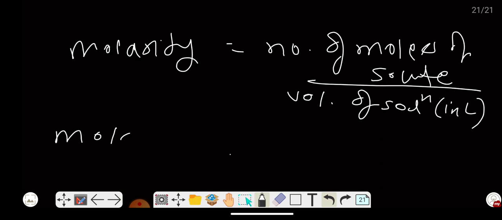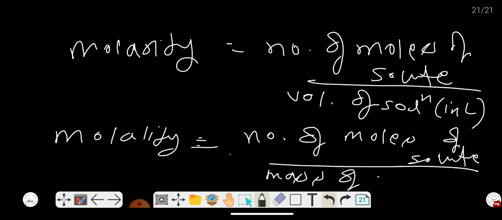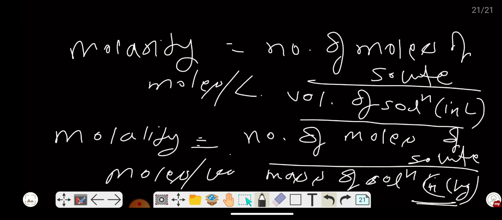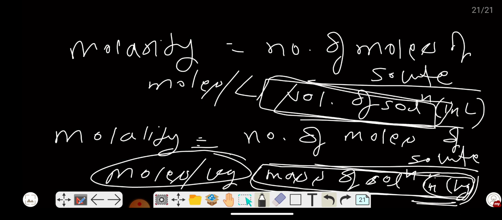Molality is the number of moles of solute divided by the mass of solvent in kg. So the basic difference is in the units: moles per liter for molarity and moles per kg for molality. Here the mass factor is involved and there the volume factor is involved. So this is the basic difference.